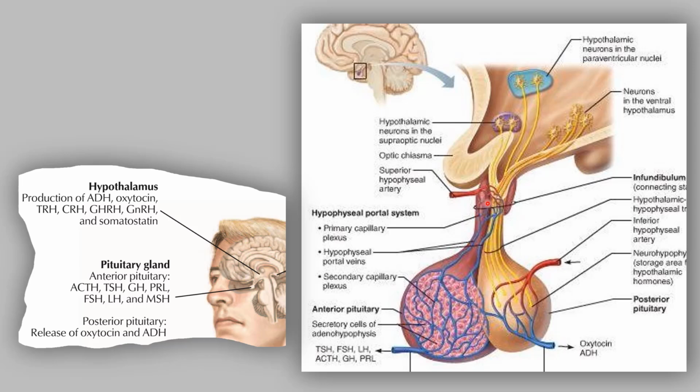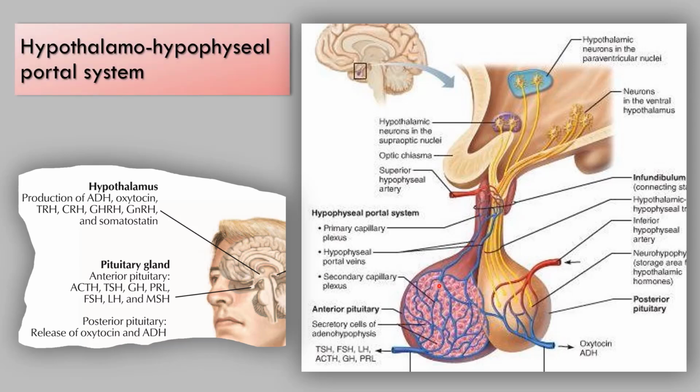This is the hypothalamo-hypophyseal portal system. It makes a communication between the hypothalamus and anterior pituitary for the action of these release hormones or inhibiting hormones on the pituitary gland. They have this channel so as to maintain the concentration of hormones reaching the anterior pituitary.